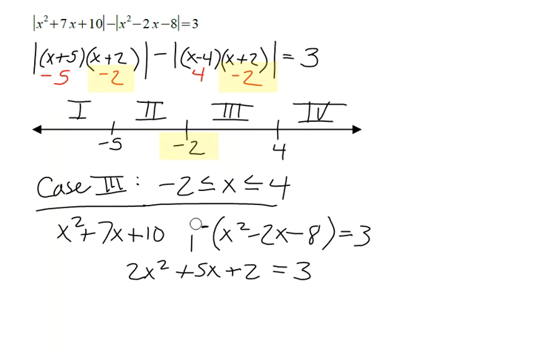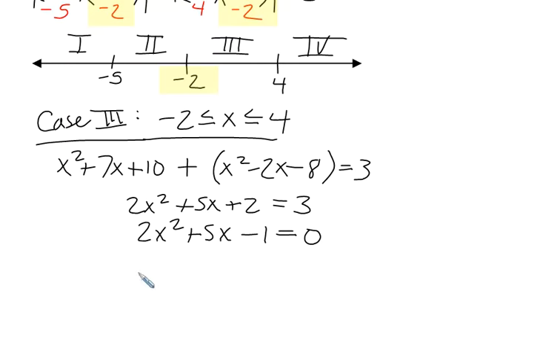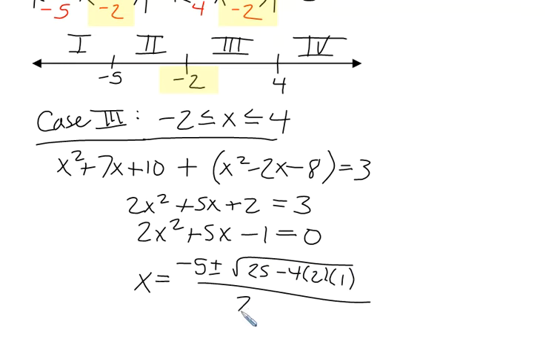And let's make this plus sign look better just for everybody who's staring at the problem as we go. Get everything on one side, so we'll have 2x squared plus 5x minus 1 equals 0. Now maybe it factors, but in general it's negative b plus or minus the square root of b squared minus 4ac all over 2 times a.